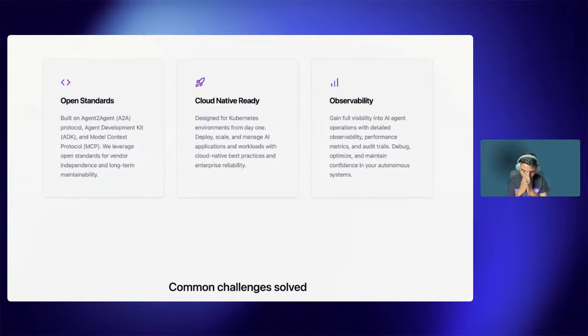When I was starting out in the cloud native domain, there were words like cloud native ready, and I used to wonder, what does cloud native ready mean? Somebody pointed out to me that it means it's designed in a way that you can deploy from day one into cloud native environments, let's say Kubernetes.